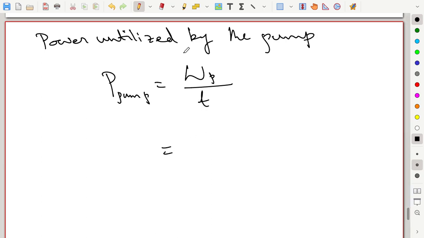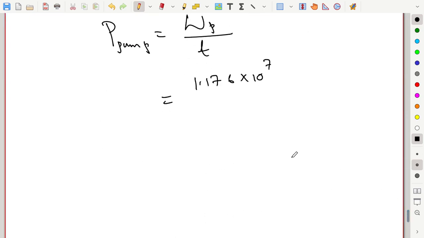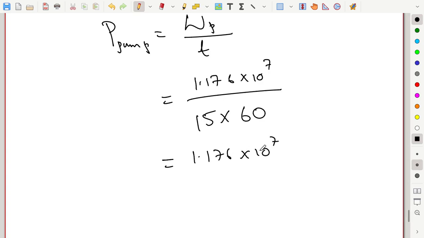So what's the work done? It's 1.176 into 10 power 7 joules, and the time is 15 minutes. 15 minutes means we have to convert to seconds. Therefore 15 into 60 seconds. I have also calculated this value. So 1.176 into 10 power 7 divided by 900.